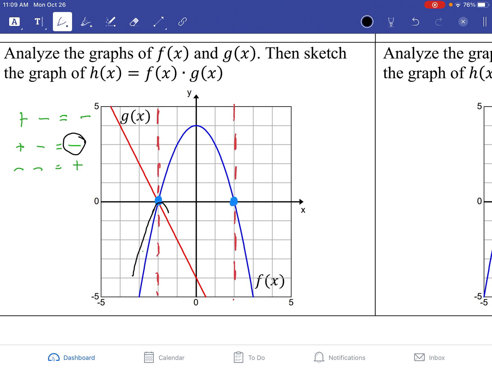So we're going to bounce off that point and then come back down and go back up to the third point. And after the third point's going to be positive. We're going to go through that point and then go up. Okay, so we are bouncing off this first point to get to the next spot. So it's not going through the point, it's bouncing off the point and then going back up. And this is our new graph called h of x.